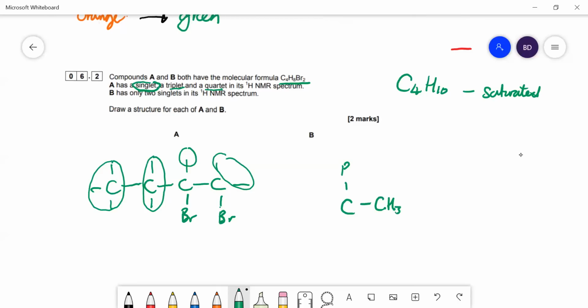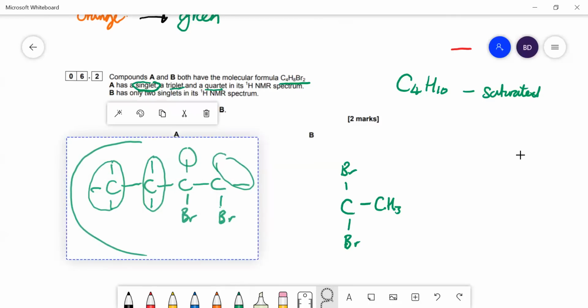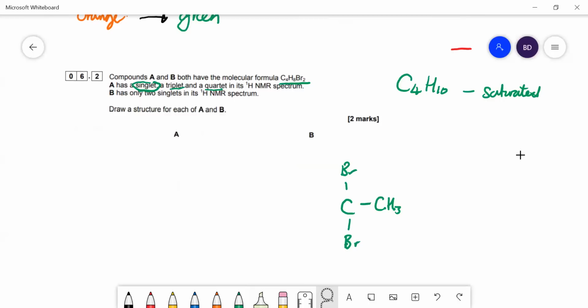If we've got both of the bromines on that carbon, so I think that's what this one is, A. So I think A is going to be CH3CH2CBr2CH3.